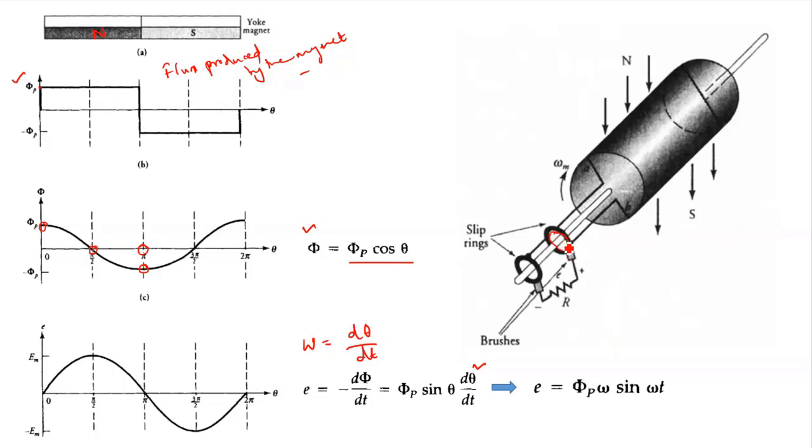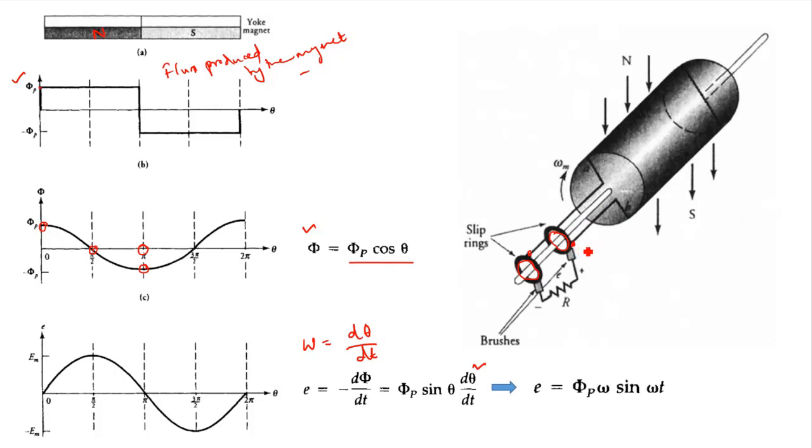The outer part of the slip ring is connected to the ends of the coil. End A is connected to this, and end B is connected to this. Both ends of the coil are connected to the slip rings.